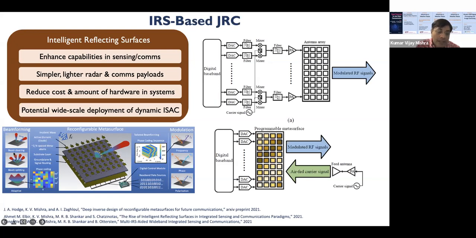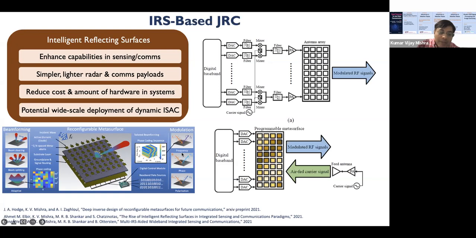So in beamforming, you can perform beam steering, you can have multiple beams, or you can have an adaptive pattern with the same surface. You can also do different types of modulation, as one of our papers shows, that with the same antenna, we are doing frequency modulation, phase modulation, and polarization modulation.